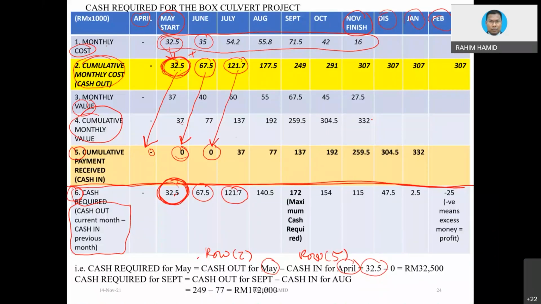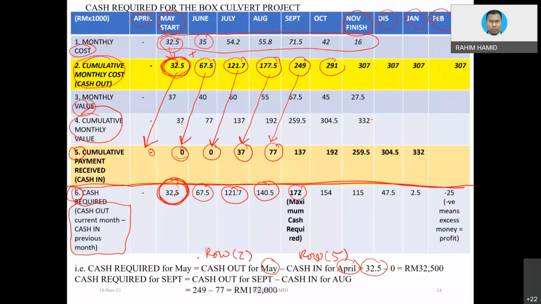And then August, 177, you have to deduct with, now you are getting some money from the first month of the job that you already did. Only the client pays you in the 3rd month. Then you will get this amount, supposed to be right. Then September, 249. And then you are going to deduct with this value, 77, you get 172.